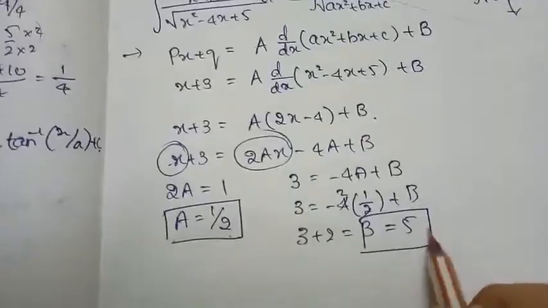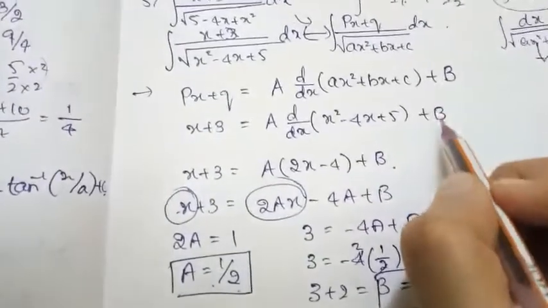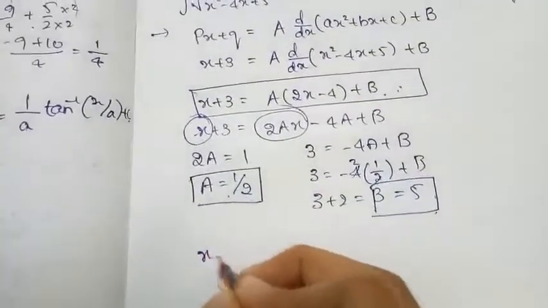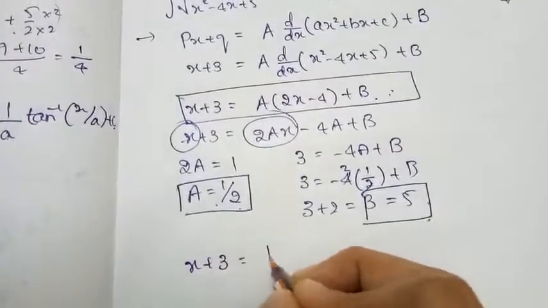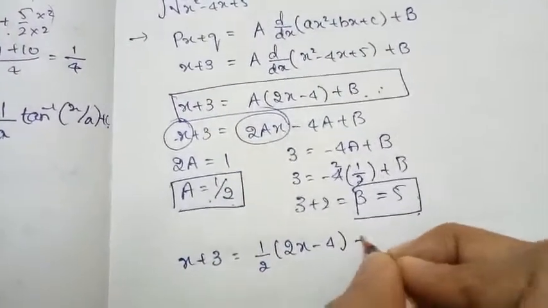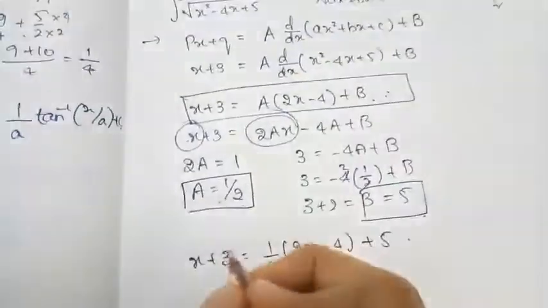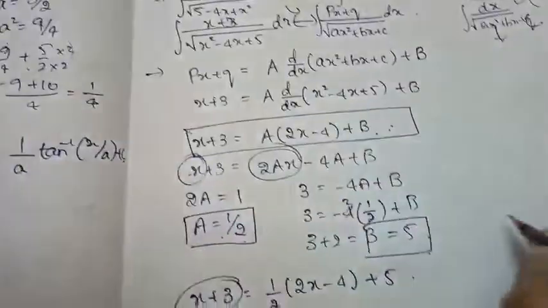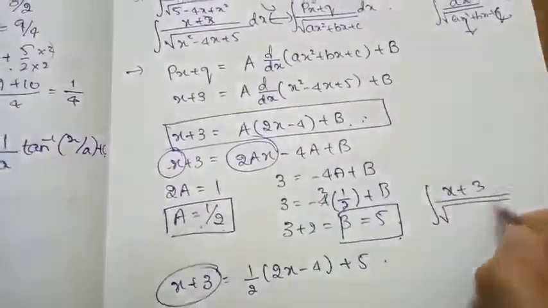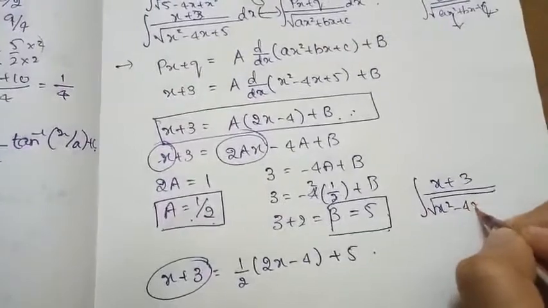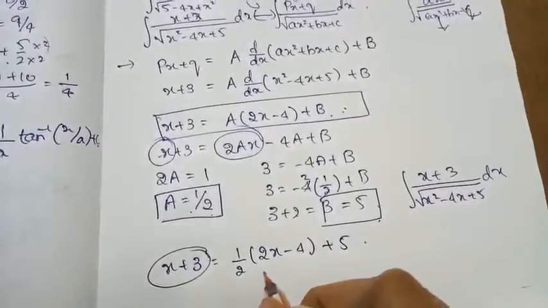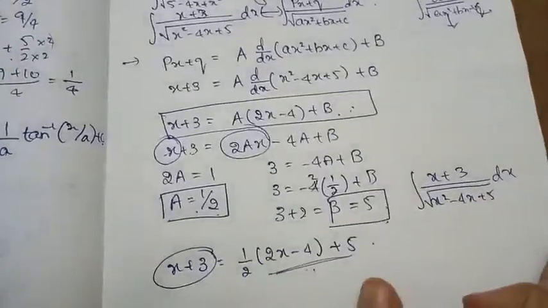Now I substitute this value of a and b in this equation. So what happens? x plus 3 is equal to 1 by 2 times 2x minus 4, plus 5. So now in the given question, that is integration of x plus 3 divided by square root of x square minus 4x plus 5 into dx, in place of x plus 3 I am substituting this value.